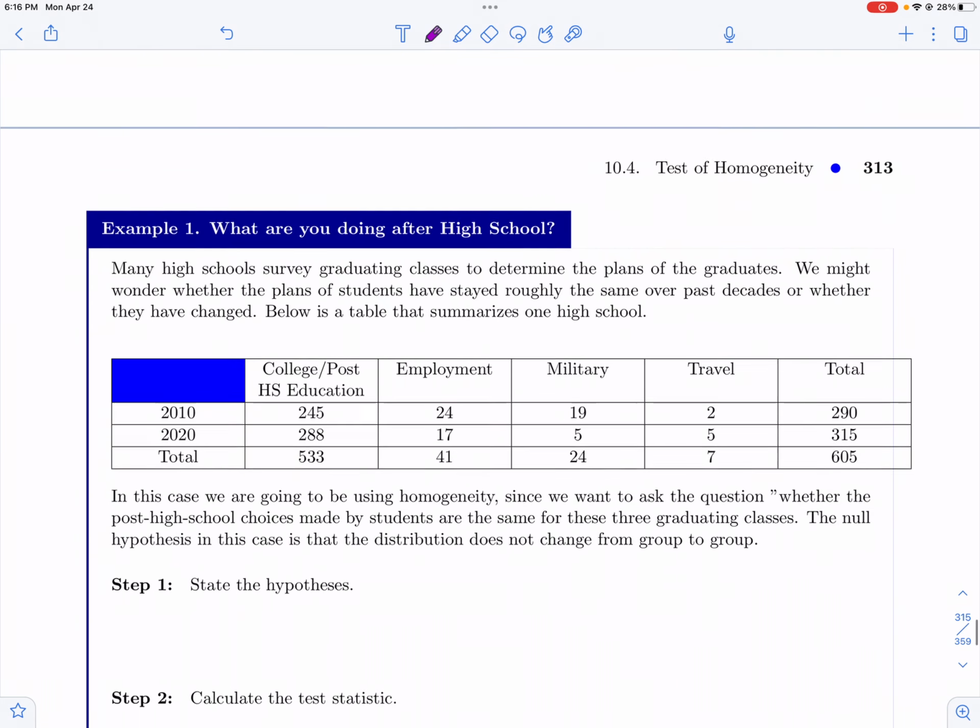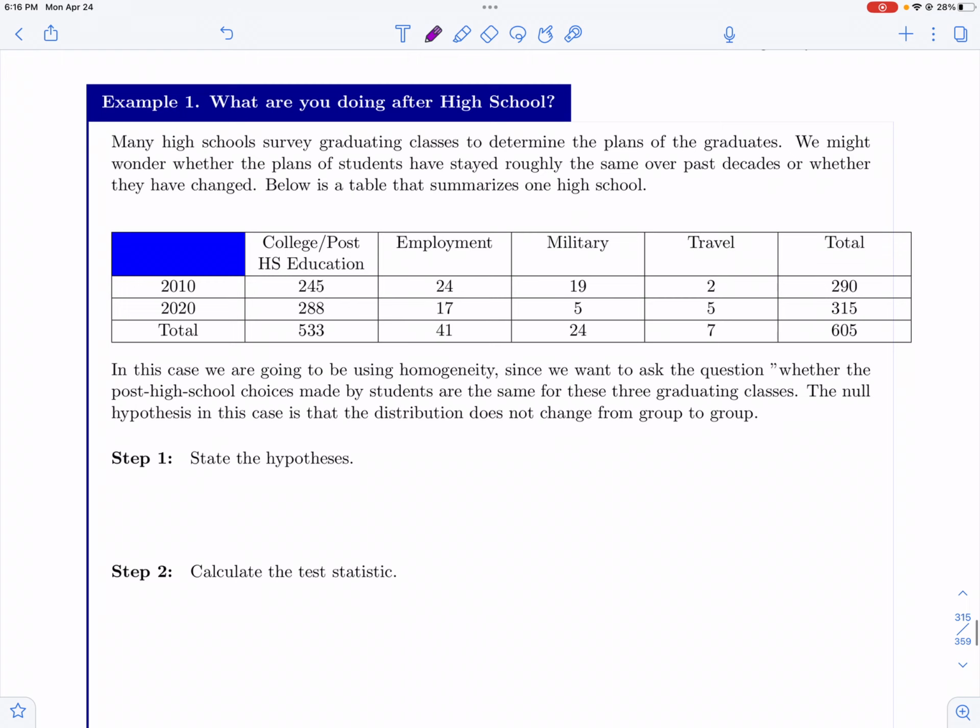All right, so let's go ahead and dive in, since we've already done one similar to this in the last section. So again, we're going to have our observed matrix, our expected matrix, all that kind of stuff. So everything about our multi-variable is still true. With this one, our observed matrix is what happened to our different high school graduating seniors to see what they do after school. So we've compared two different years, 2010 to 2020, just to see if there's a difference in the distribution.